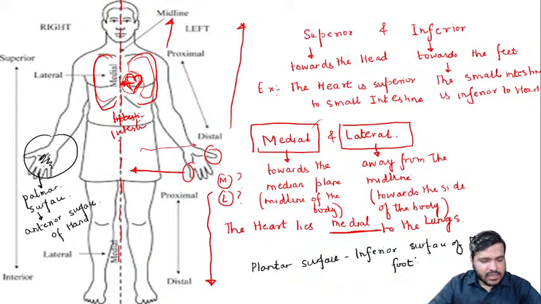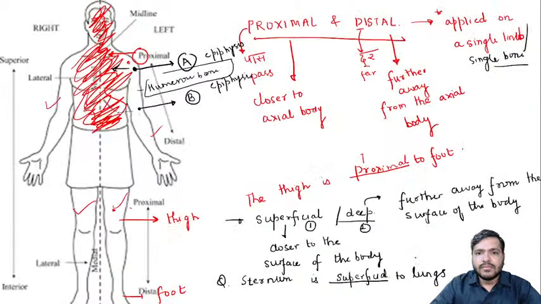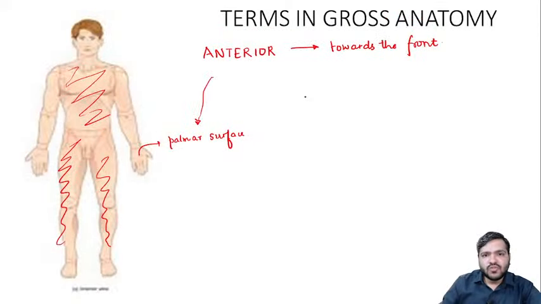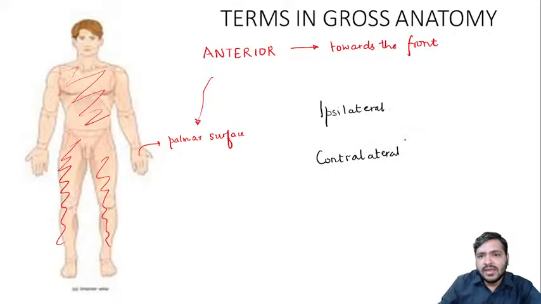Apart from that, try to mention two more terms, that is ipsilateral and contralateral, that we are actually using in anatomy.